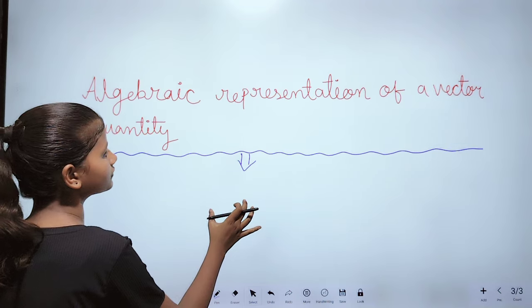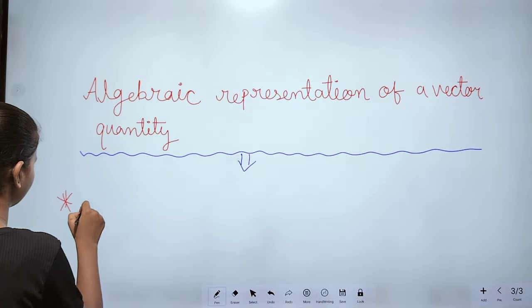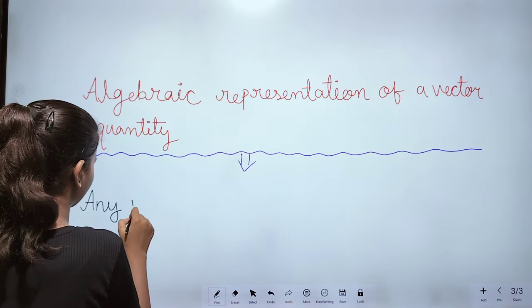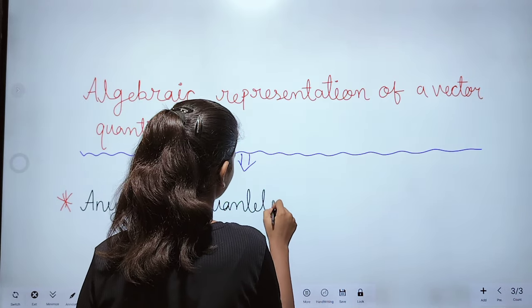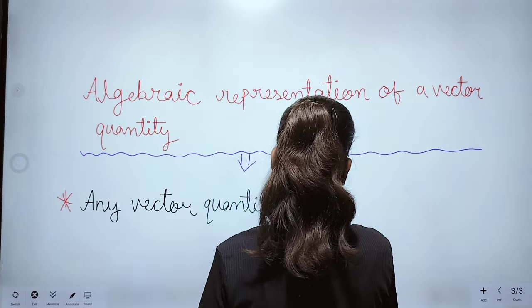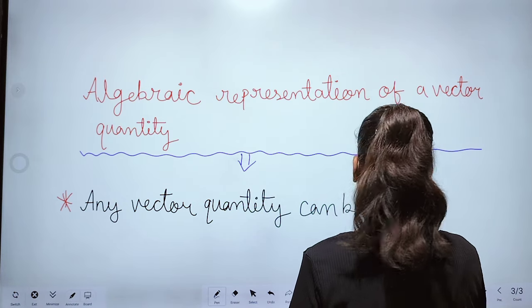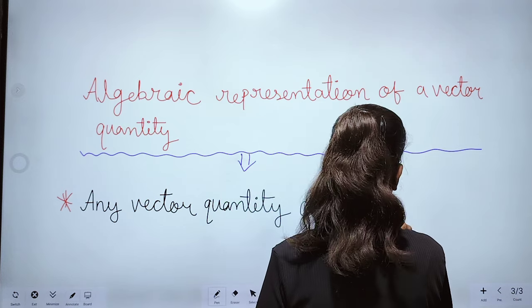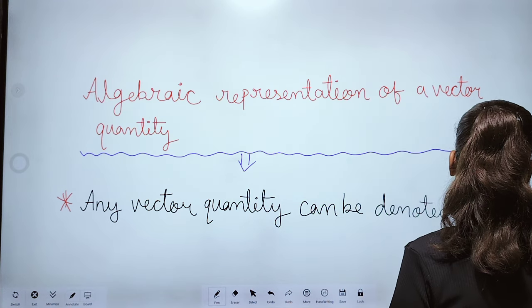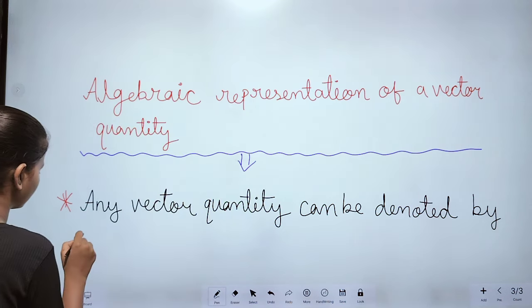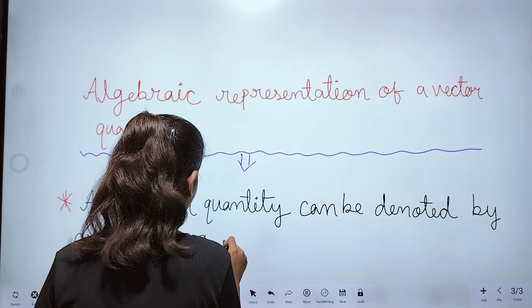Okay, let's see the first point, that any vector quantity can be denoted by an arrow over a letter.